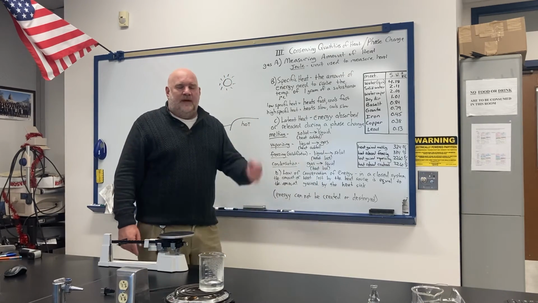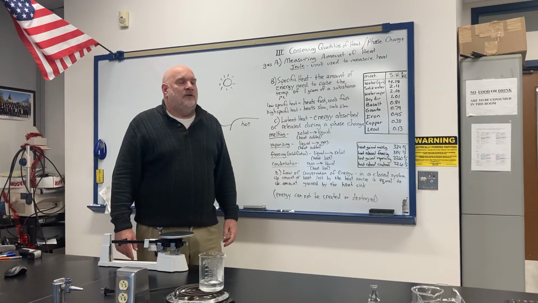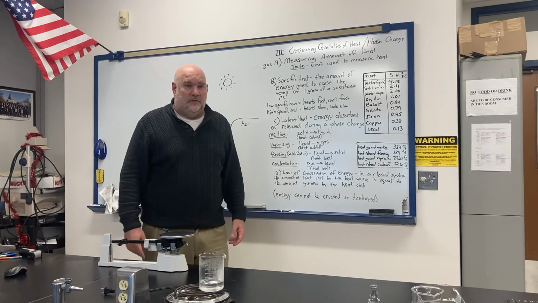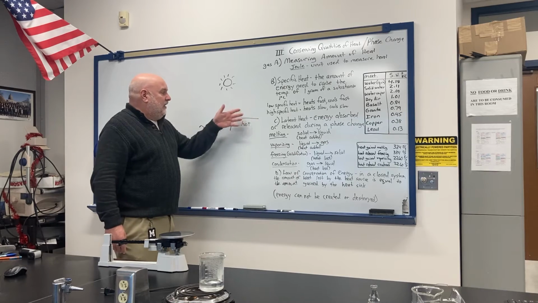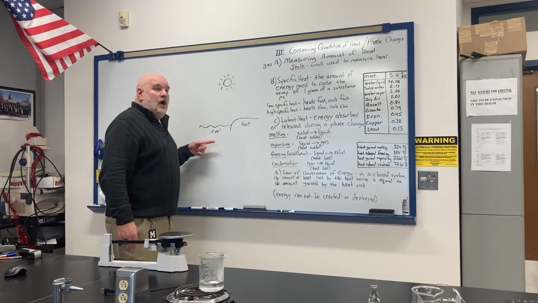So let's say it's May 15th and we get a day with like 80 degrees outside. You don't find a lot of people going up to Lake Ontario to go swimming, right? And the reason being is, even though the land might be 80 degrees, the water, because it has such a big specific heat, takes a long time to heat up.